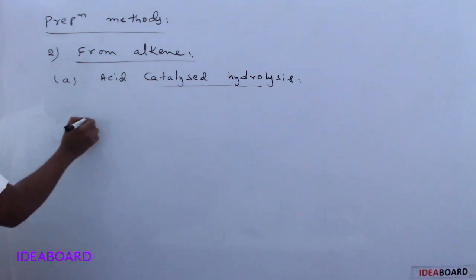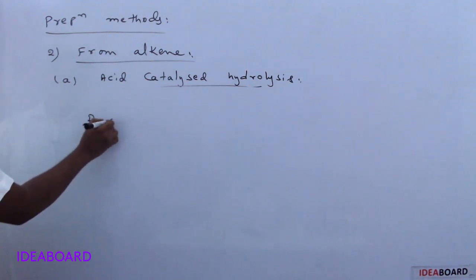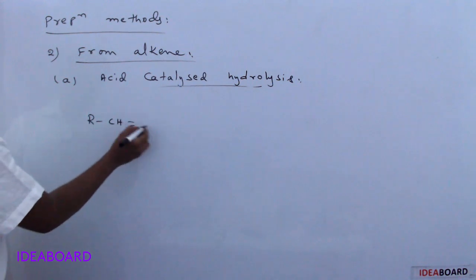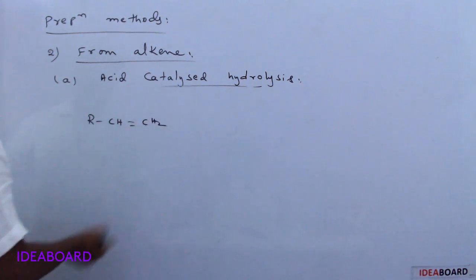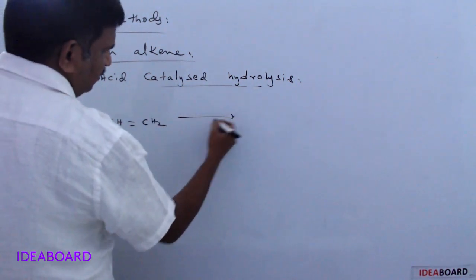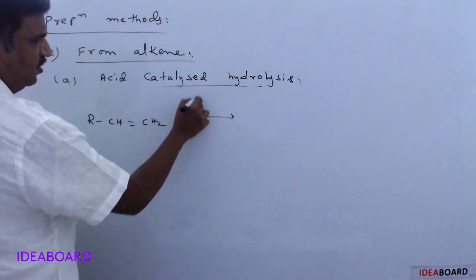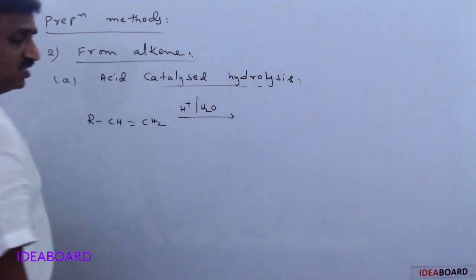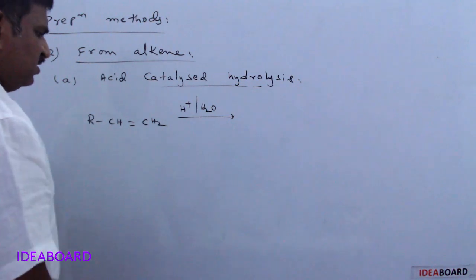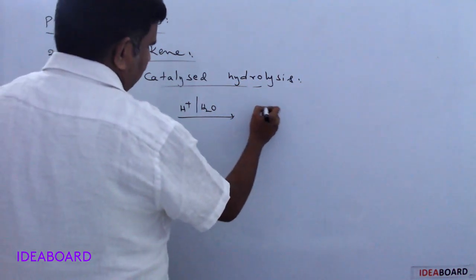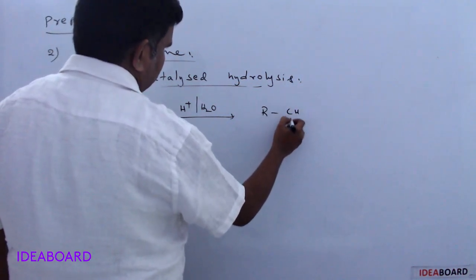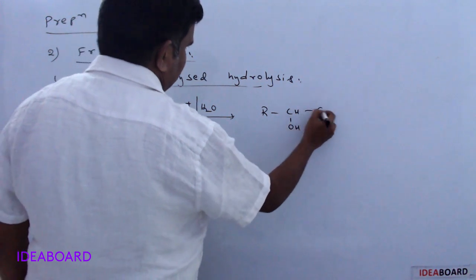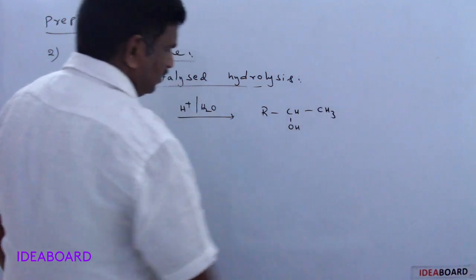In this acid catalyzed hydrolysis, for example, if you are taking RCH double bond CH2, then H plus and H2O is taken as reagent. Finally we get RCH(OH)CH3.